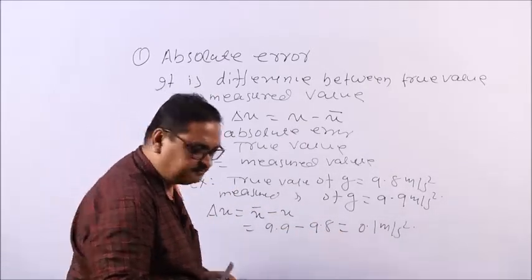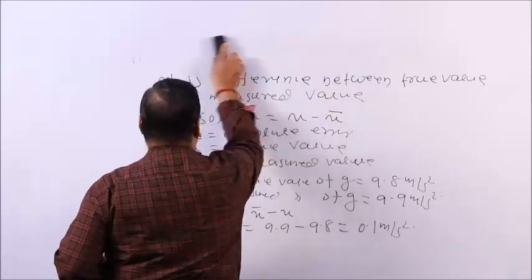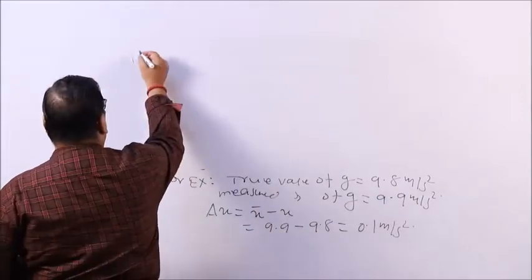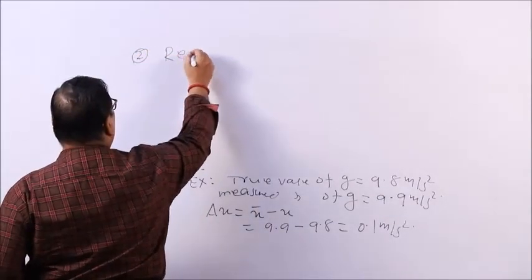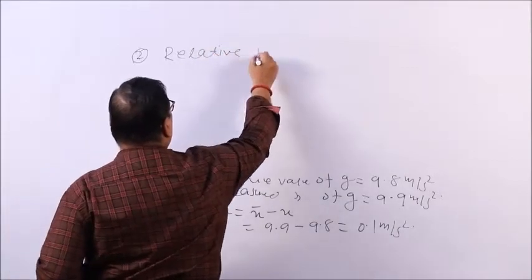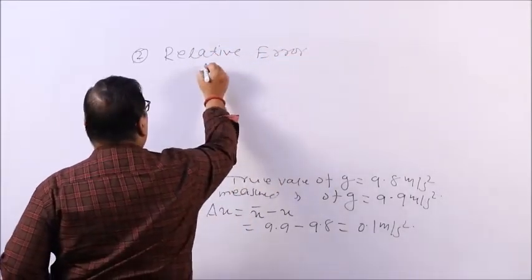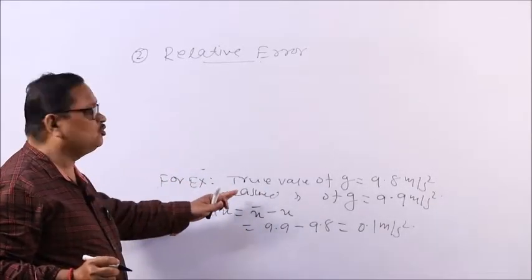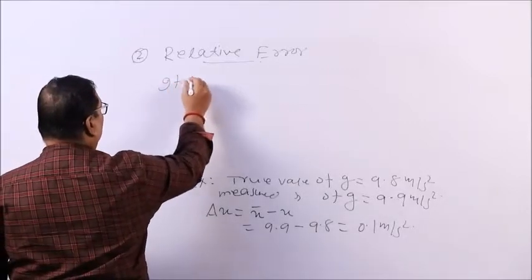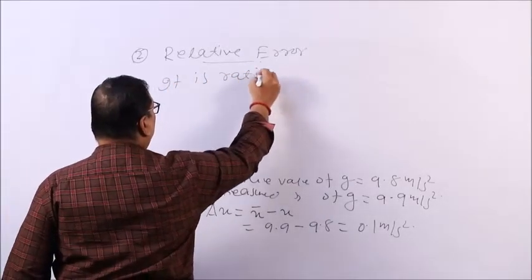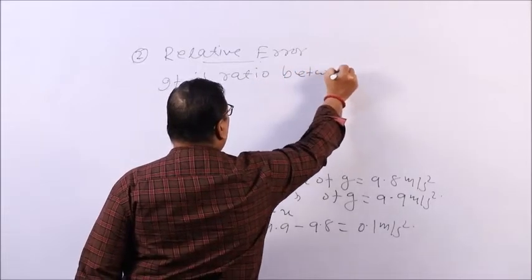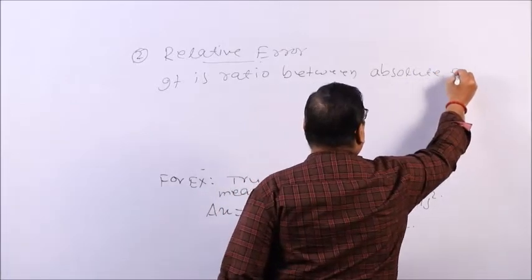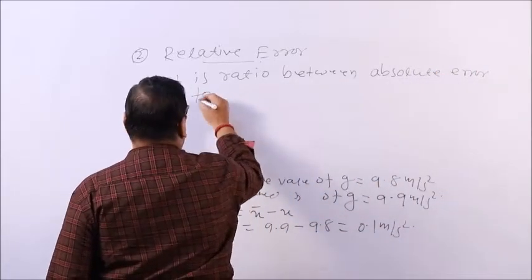Then the second very important one is relative error. It is the ratio between absolute error and true value.